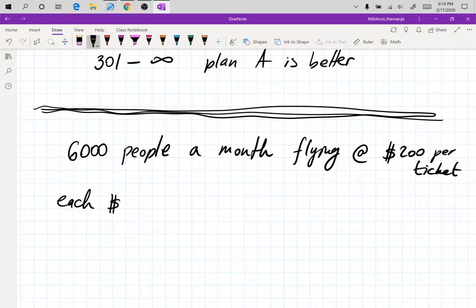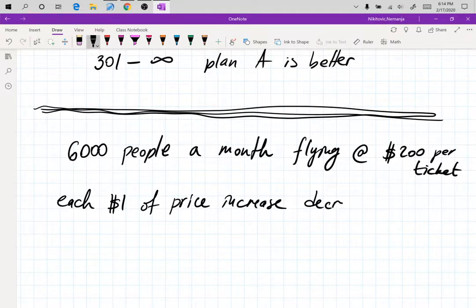Each $1 of price increase decreases passengers by 100.